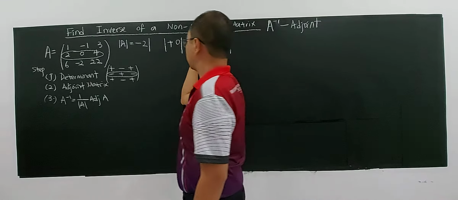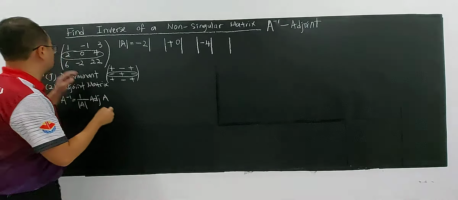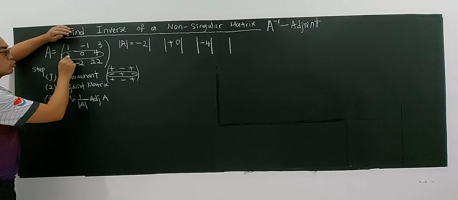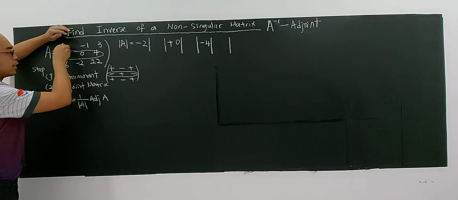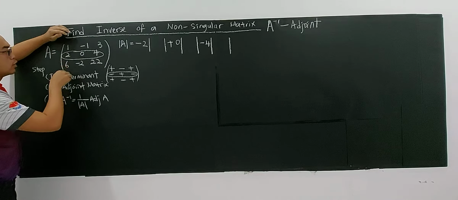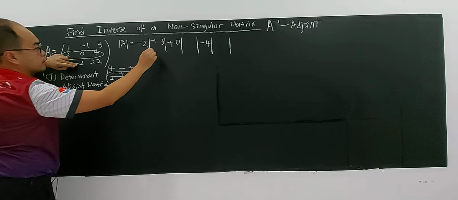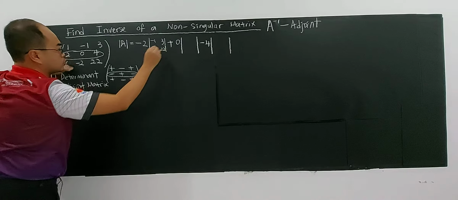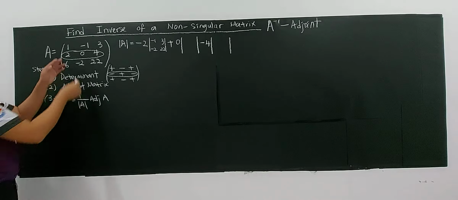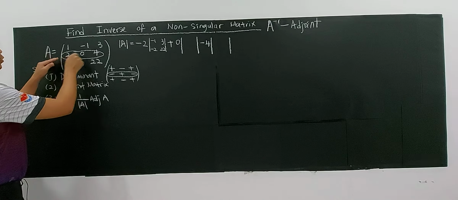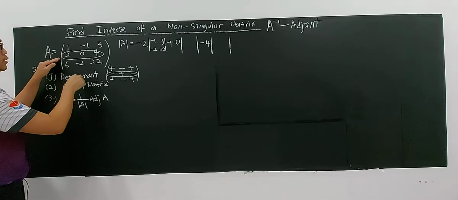So now you fill in all the minors. The minor for 2, you will delete the row and the column, right? So you have negative 1, 3, negative 2, 22. The minor for 0, you delete the row and the column.